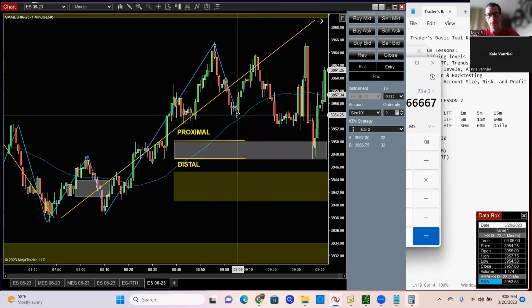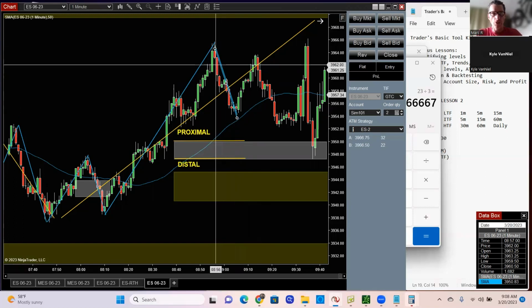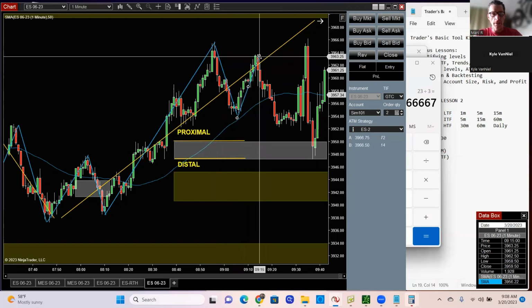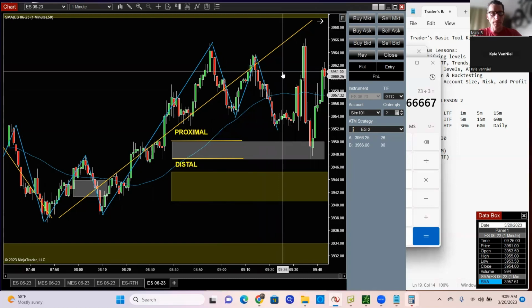That's something I'm using just to clarify the swing. It's not something you need to use. You can use it, but it is true you're not wrong if you say that this is a swing high and this is a swing into a lower low, lower high, lower low. So that's true. That's not a false statement.